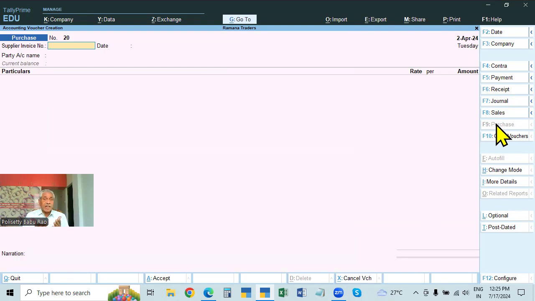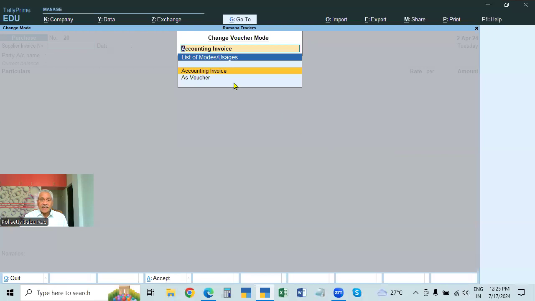Different types of goods means different stock items. When the stock items are known, the total amount is taken as goods purchased. You record the purchase and sale of goods and services here. For services, we have to use only the accounting invoice, that is single entry.